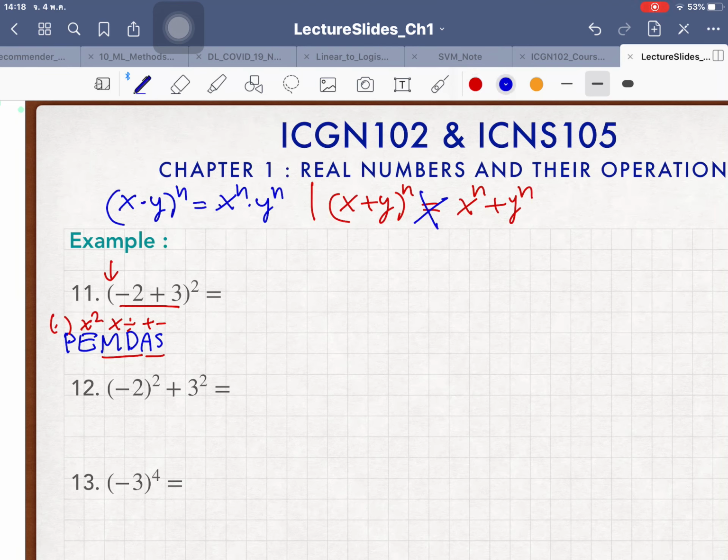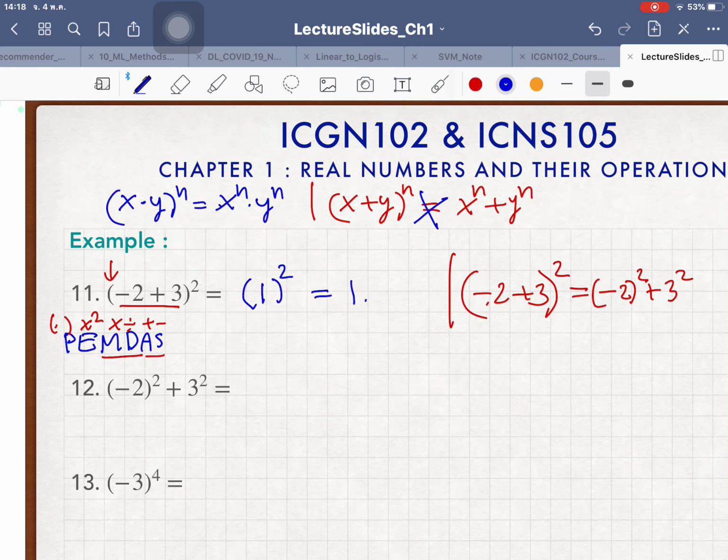Here you take minus 2 plus 3, you get 1. And then later on you take the square. So the answer will be just 1. So here again, never take it to be like this. This is totally wrong.